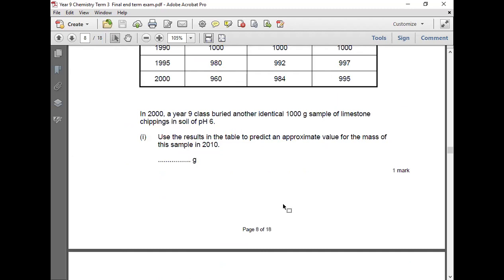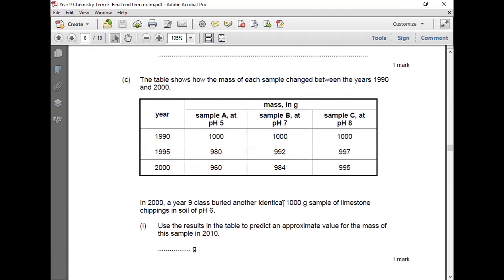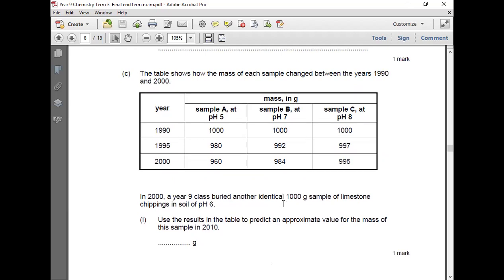So the first question is, use the result in the table to predict an approximate value for the mass of this sample in 2010. So in 1999, it's basically 1,000. And when it's 1995, let's say the pH5 is 980, 2,960. What are you expecting from 2010?